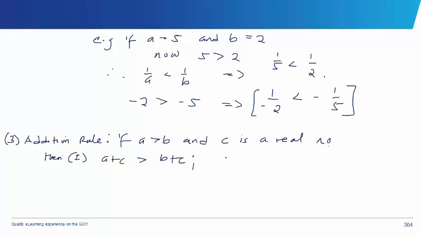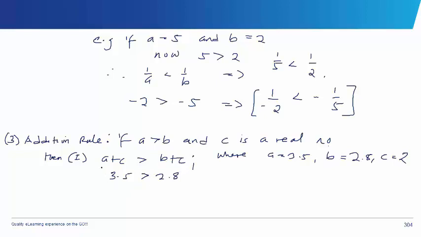Let's take for instance where a is equal to 3.5, b is equal to 2.8 and c is equal to 2. So from the former we can say that 3.5 is greater than 2.8, to depict that a is greater than b.